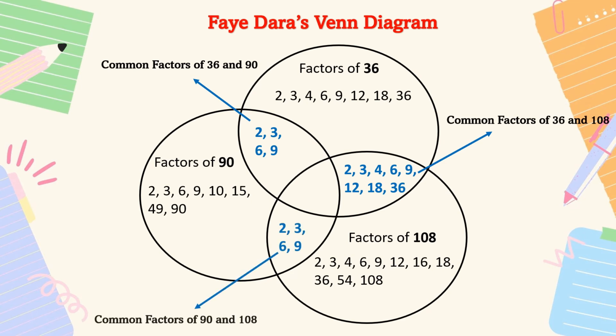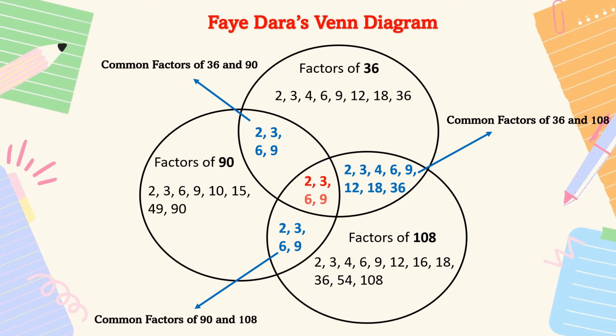Now, let's look at the 3 sets of common factors. What factors are common? Excellent. We have 2, 3, 6, and 9. And we are going to write it in the center.